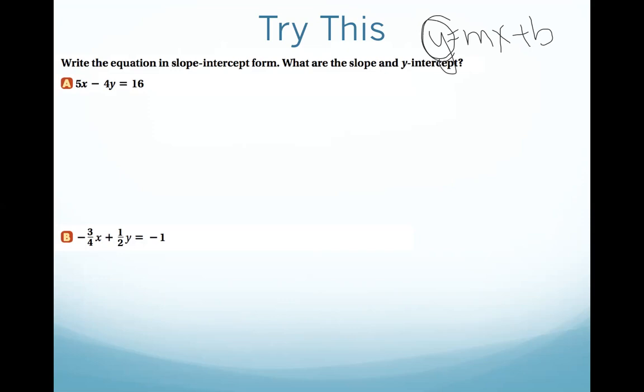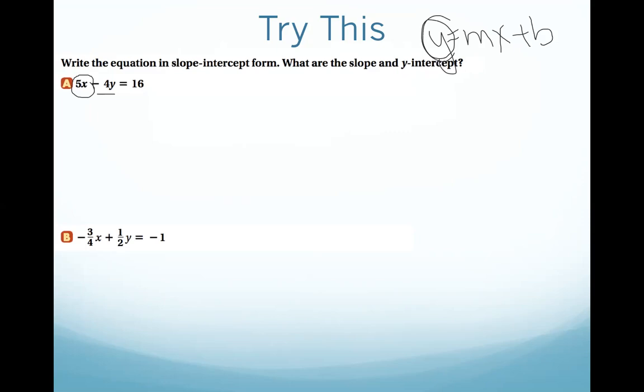Now, we've seen something like this, right? We need to solve for y, but there's also an x. That's okay. Just treat x as if it was a number, okay? So if we're looking at our first example, we want to get y by itself. What's preventing it from being by itself right now is that 5x. So if I want to remove the 5x, I want to move it over to the other side of my equation.